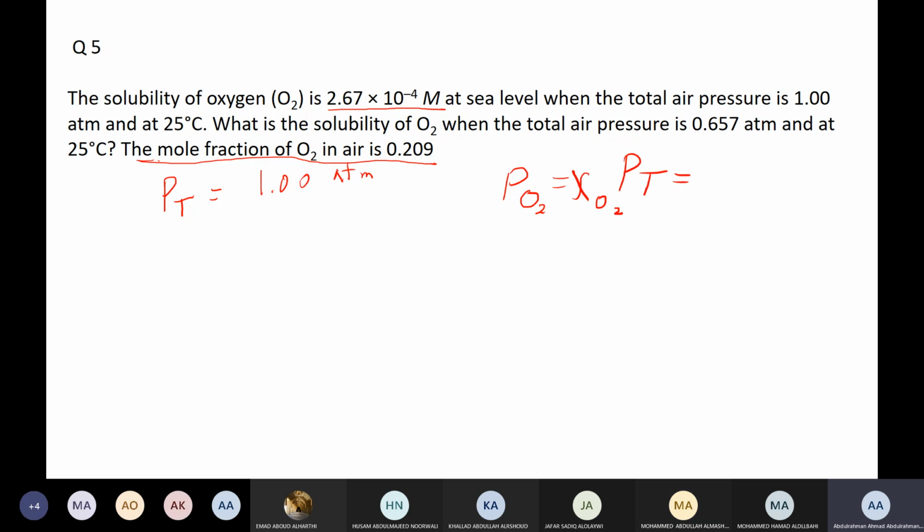As simple as that. The mole fraction of O2 is 0.209, and this one is 1. So what's the pressure of O2 only? What I did, I multiply 1 times the mole fraction. That's it. So the answer is atmosphere for O2 only.